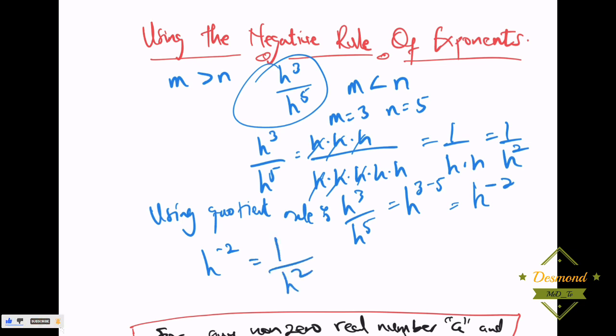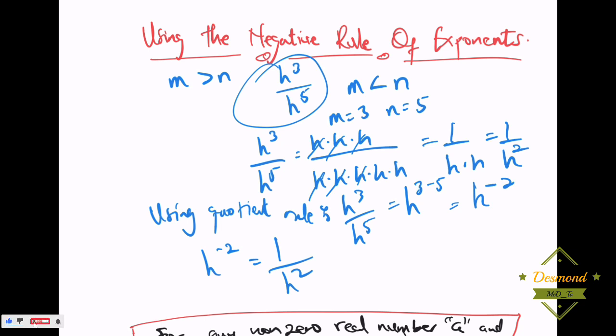This is true for any variable representing a non-zero real number. A factor with a negative exponent becomes the same factor with a positive exponent if it is moved across the fraction bar from the numerator to the denominator, or vice versa.